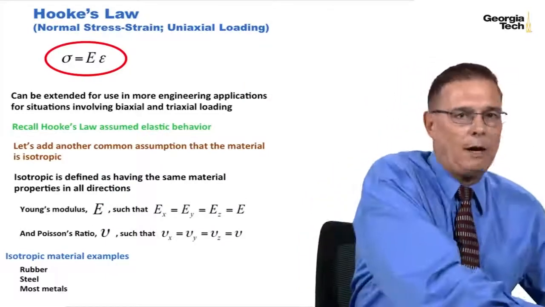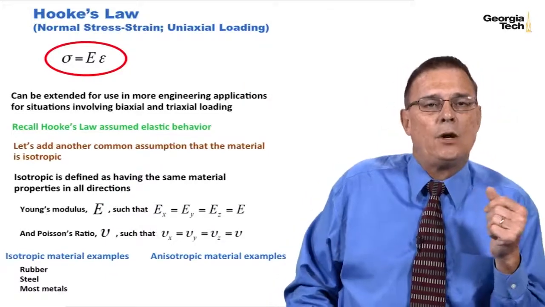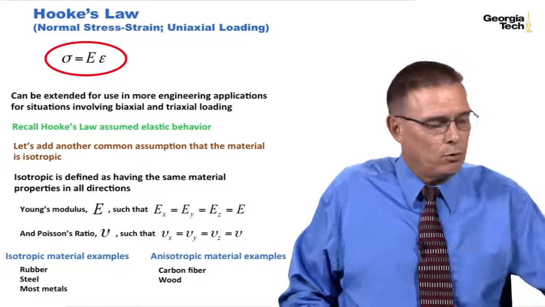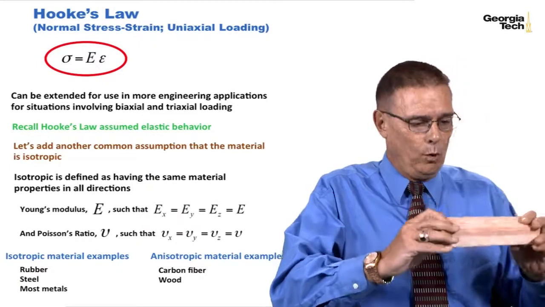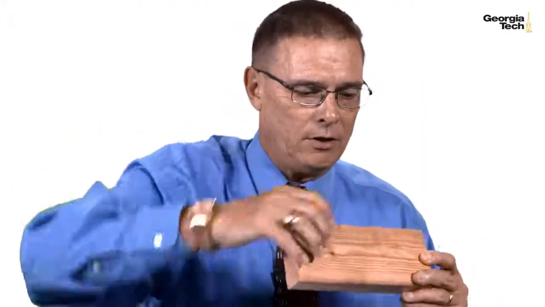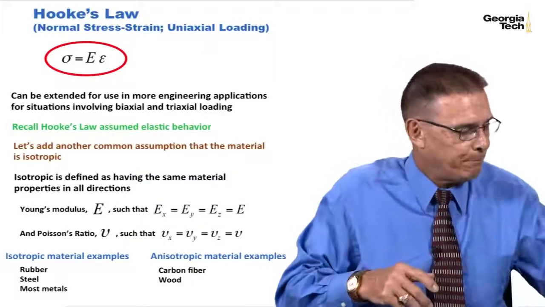So that's isotropic. As far as anisotropic, I've talked briefly about them before in the course. Some examples would be carbon fiber or wood. Here's an example of wood. You can see that wood, as you know, has grains. And so if I stress this in one direction versus a different direction, we're going to have different material properties because of the grain.